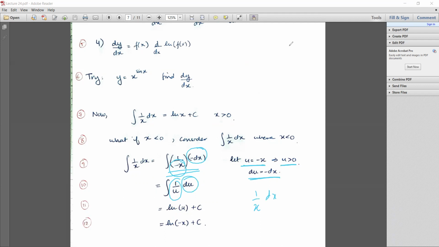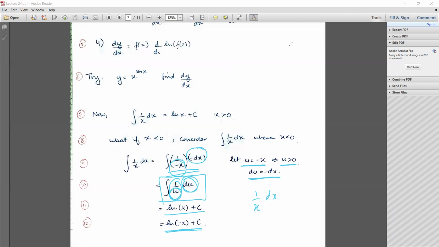Now, by doing this manipulation, you can now evaluate this integral because it's the integral of 1 over a variable that is always positive with respect to that variable. Right? So this becomes ln u plus c, and then you get ln of negative x plus c when you write everything back in terms of x.